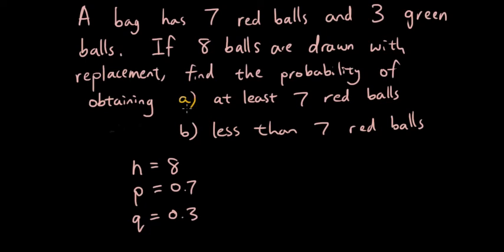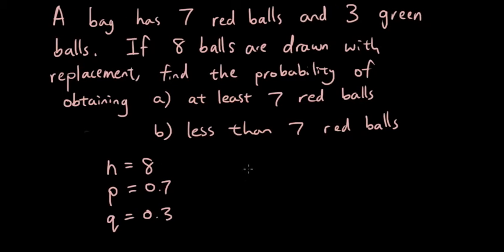So the first problem we're going to solve is the probability of getting at least 7 red balls. So let's say X is equal to the number of red balls drawn.